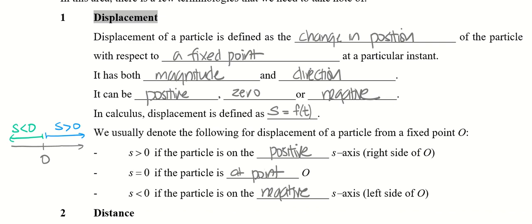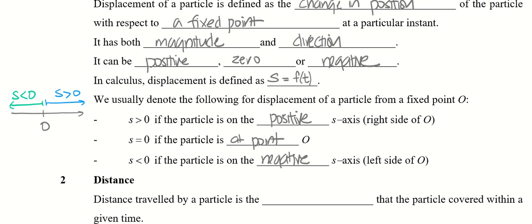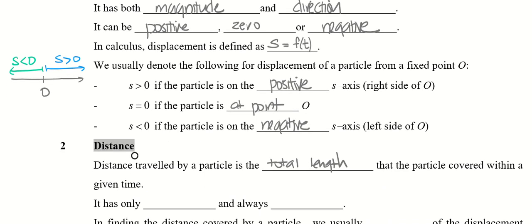In contrast to displacement, there's another word called distance. Distance and displacement are two different things. In this whole chapter, distance is defined as the total length that the particle covered within a given time. So it has only a magnitude.